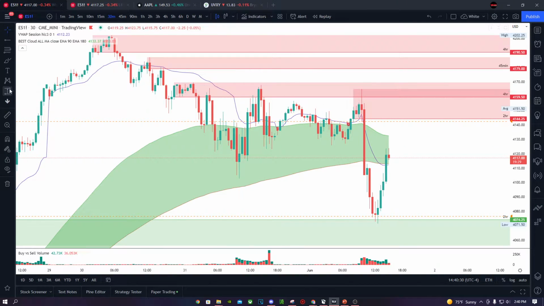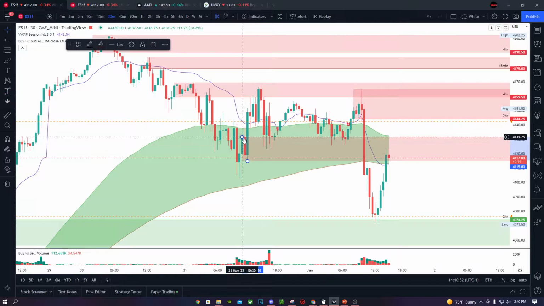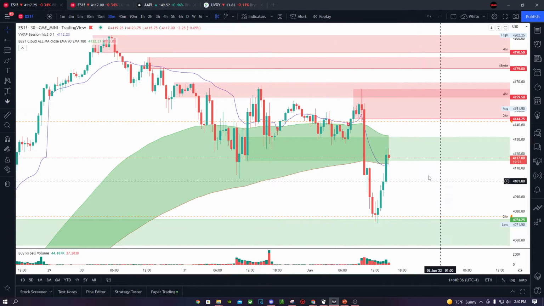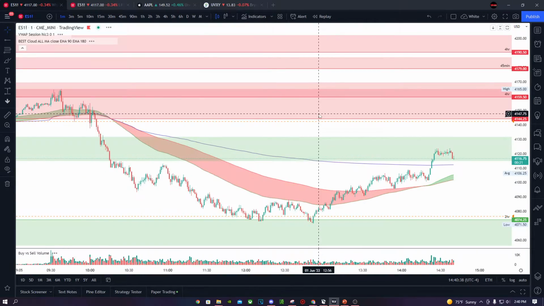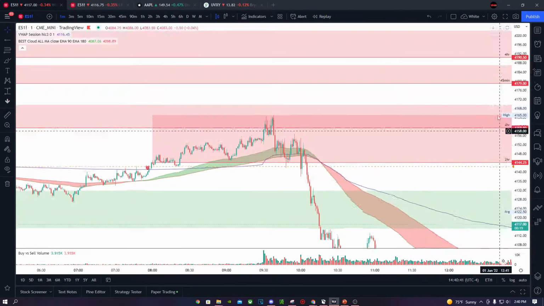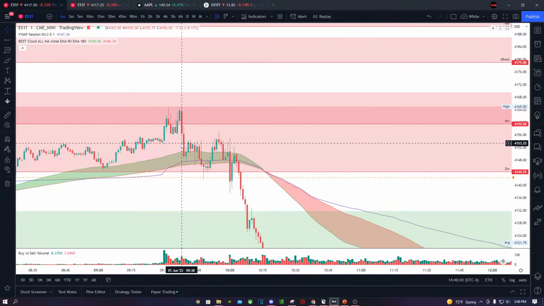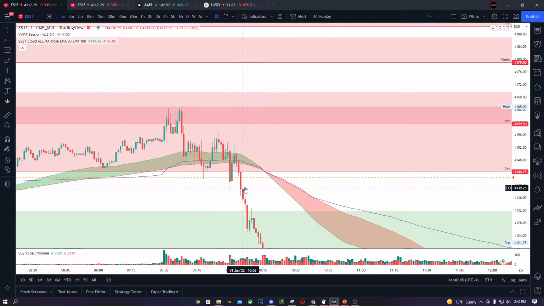This morning, this was a 30-minute demand zone that I had on my chart. We'll pull up the 1-minute chart, and I was in short somewhere around here, and I sold around here.